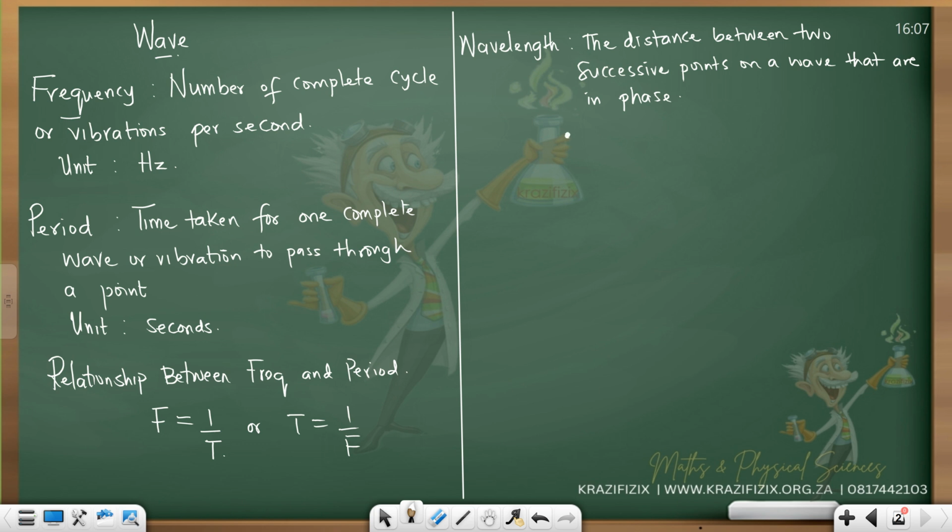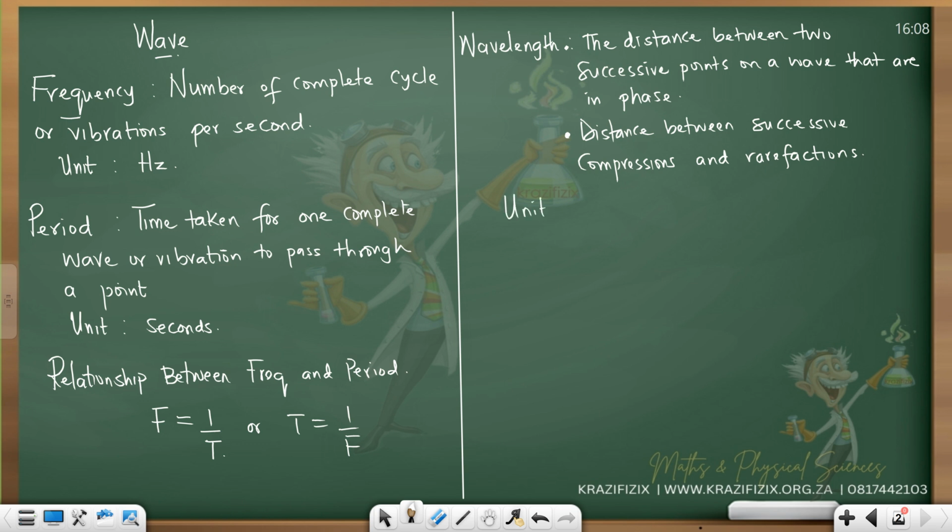Or if I look at a longitudinal wave, then I can say the distance between successive compressions. We just want to quickly build, very, very important.